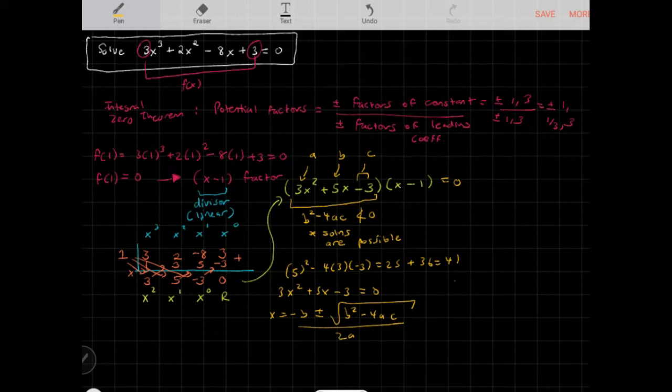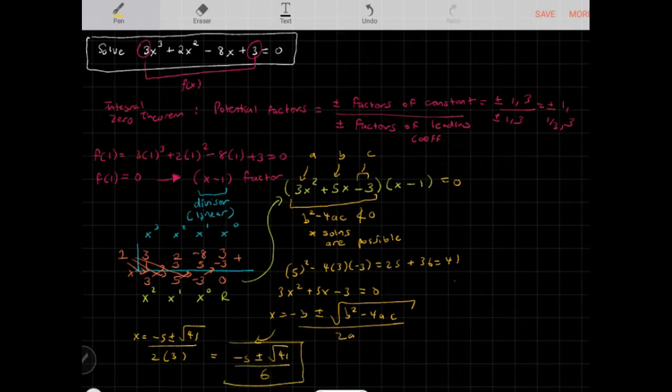We figured out what the b squared minus 4ac term is: it's 41. So the -b here is -5 plus minus the square root of 41, over 2 times a, which is 2 times 3, which is 6. So x can possibly be -5 plus minus square root 41 over 6.